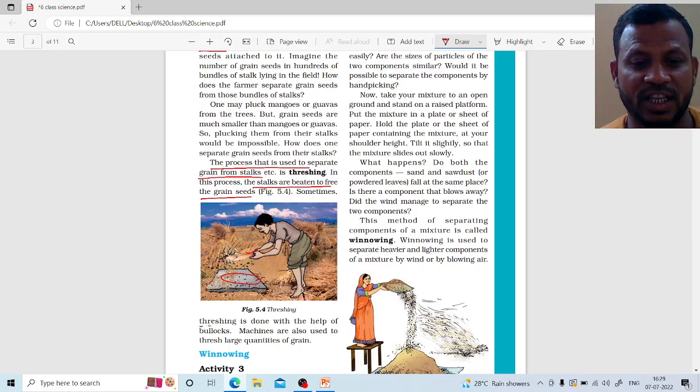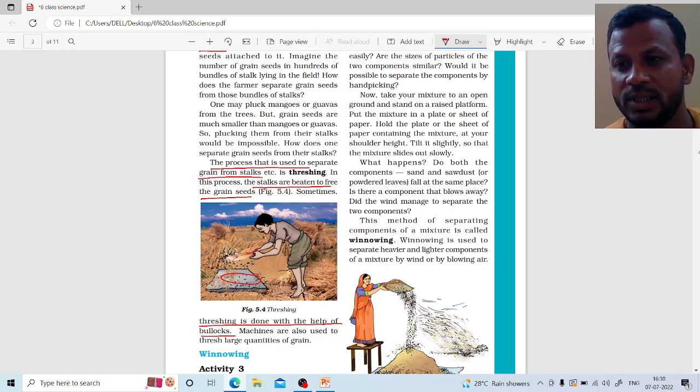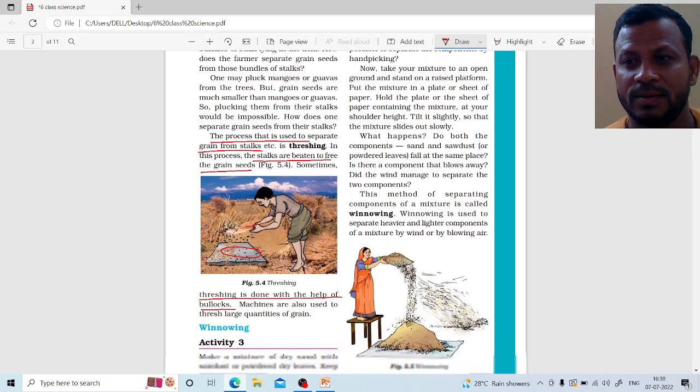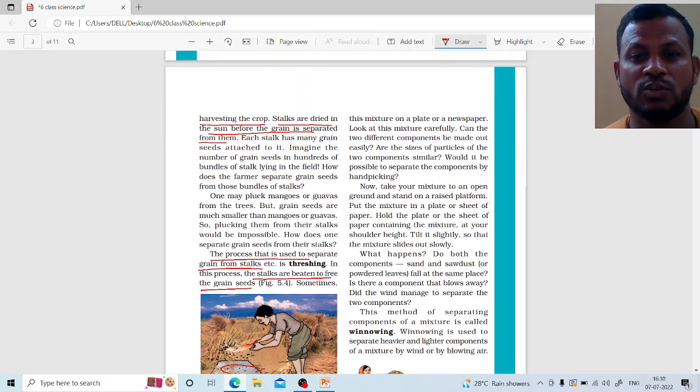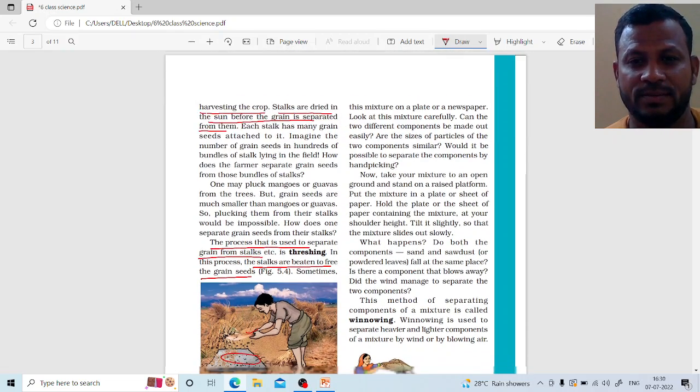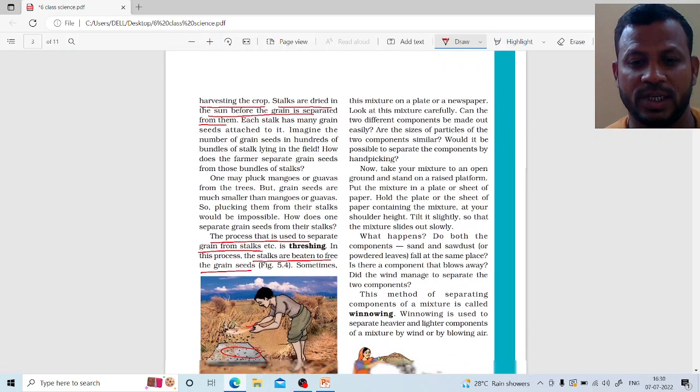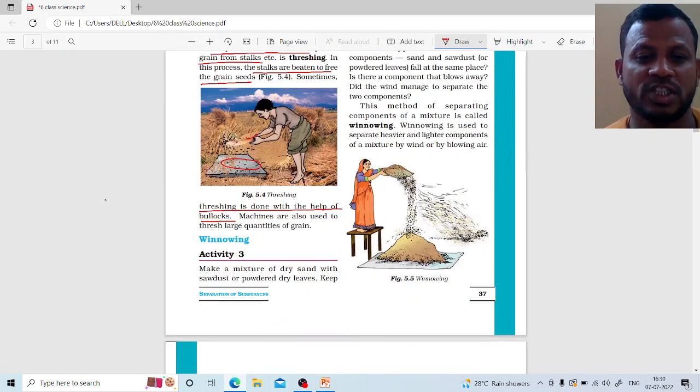This threshing is done with the help of bullocks, right? Or we can beat by hand also. This is known as threshing here, right? Next process is the winnowing.